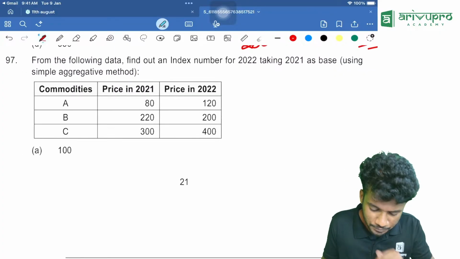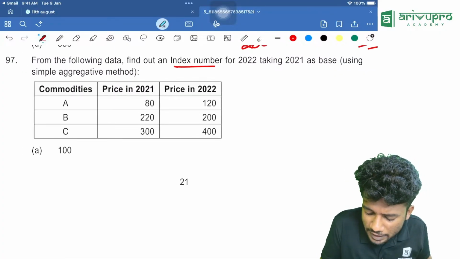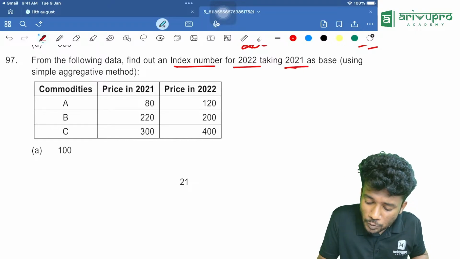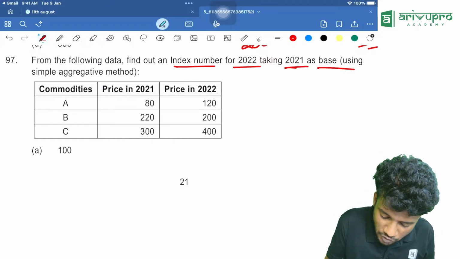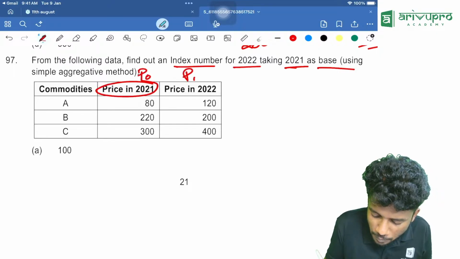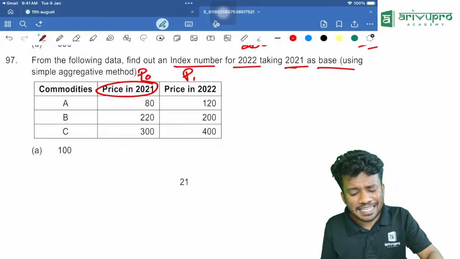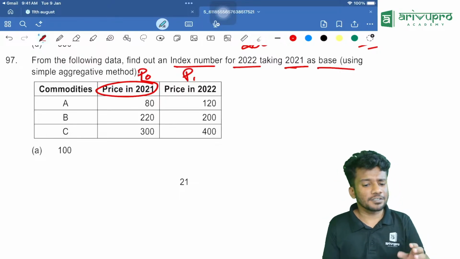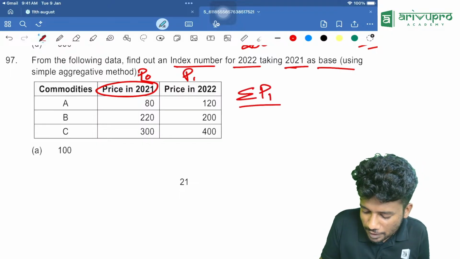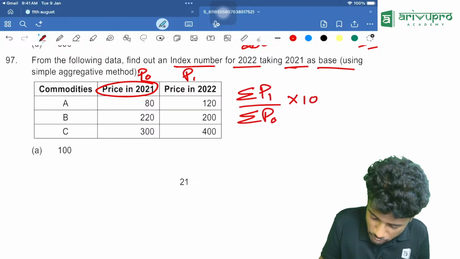Next one. From the following data, find out the index number for 2022, taking 2021 as the base. So 2021 is the base year, and this is P0, this is our P1. Then simple aggregative method, that is sigma P1 divided by sigma P0 into 100.